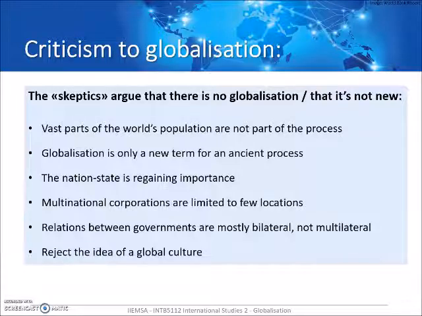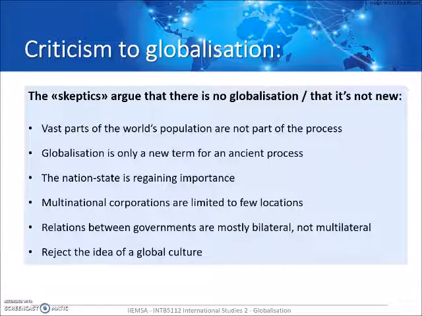And those areas are actually still a majority. So the question is, can we talk of a globalized world if vast parts of the world's population are not part of it? This is one of the arguments against globalization, that it is actually not as global as we say it is.